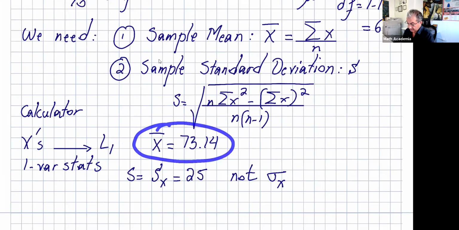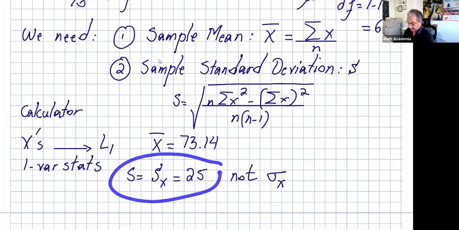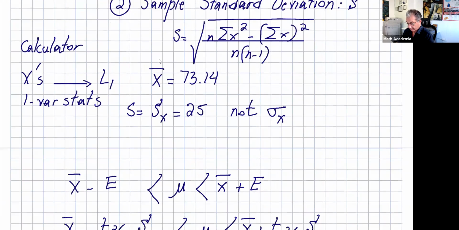So the mean is 73.14 and the standard deviation is S sub x, which is 25. Do not use sigma sub x. The calculator gives you sigma sub x, but it's a sample, so we take S sub x.